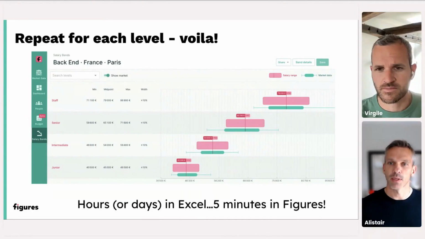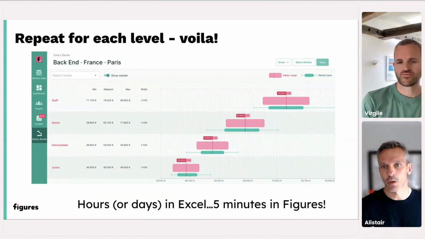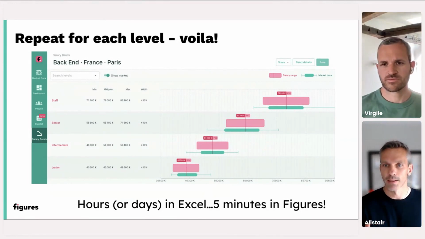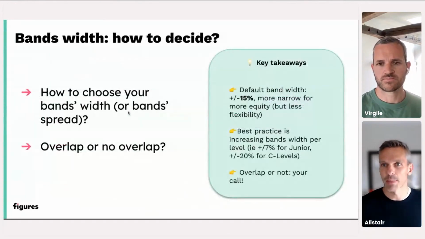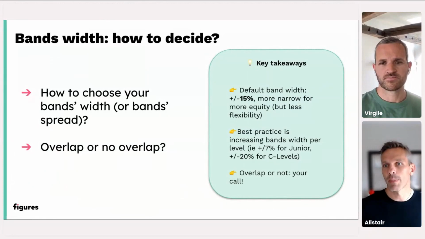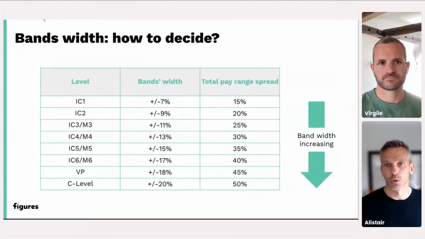Now, I know time is a bit of a contentious one to use, but let's use time as a proxy for experience within a role. Essentially, you're going to want to design those bands and the width of them based on how long you expect people typically to be in there. So narrower bands, as it says there, for the more junior levels, and then wider bands for the more senior levels.